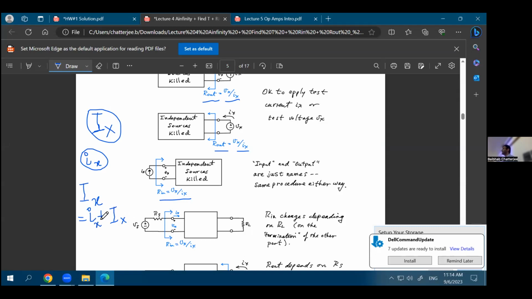The lowercase Ix is the AC current, and the uppercase Ix is the DC current. It's a combination of those two, and that is usually represented as an uppercase current with a lowercase node name. So that's what you will find as a usual notation in books.